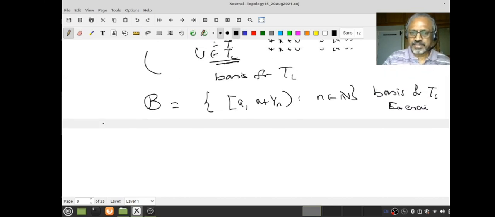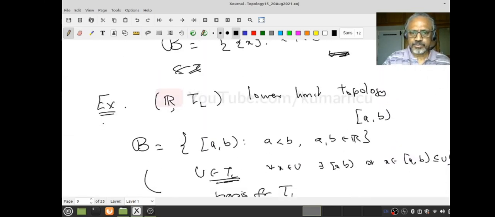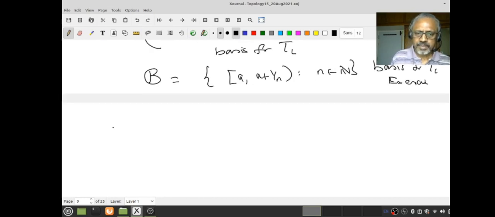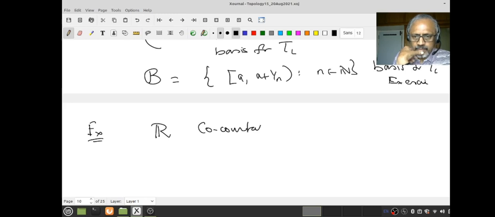Now there are quite a few things we have seen, and let's look at one more example. R with, let's say, co-countable topology. Is there any basis?